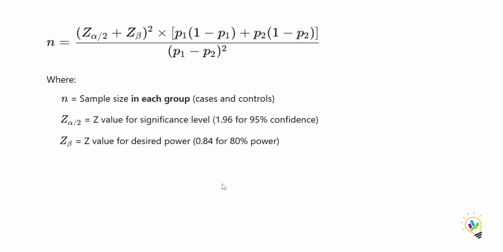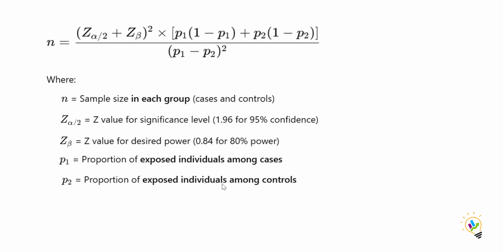Z beta is the value for desired power. For 80% power, z beta will be 0.84. P1 is the proportion of exposed individuals among cases. P2 is the proportion of exposed individuals among controls.